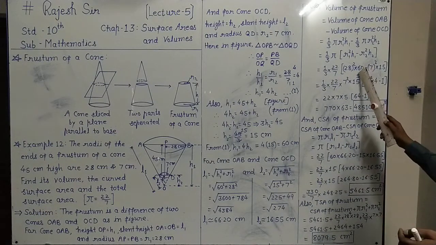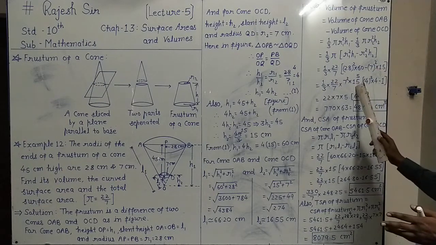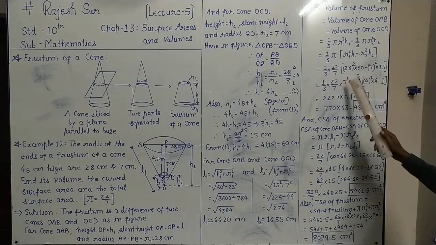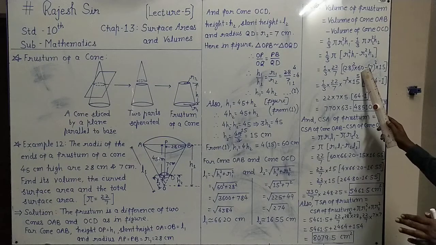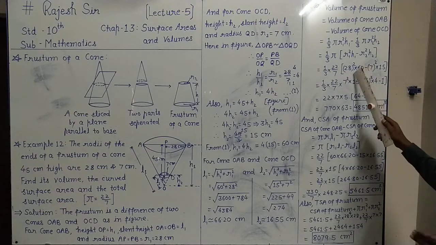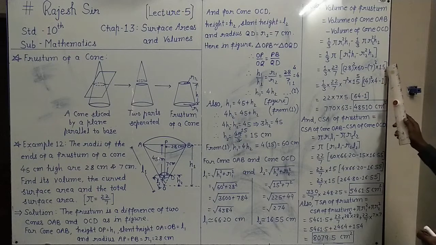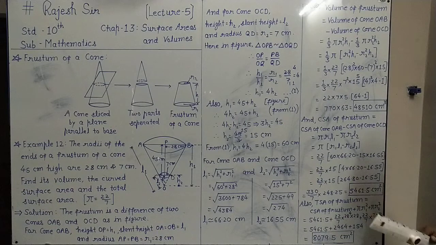In both terms 15 is also common and taken outside. So what is remaining in the bracket? Since 7 square is taken common, 4 square remains, and since 15 is taken common, 4 remains, so into 4. Minus 7 square and 15 both taken common, so only 1 remains.